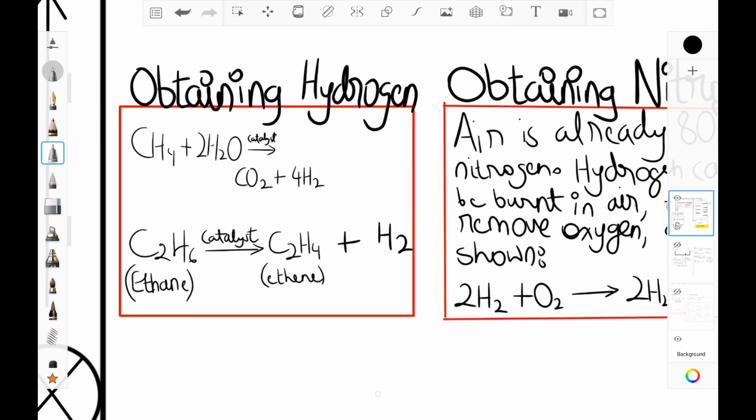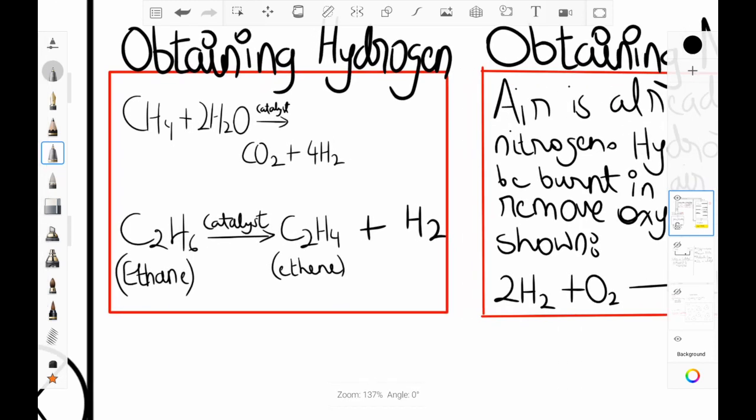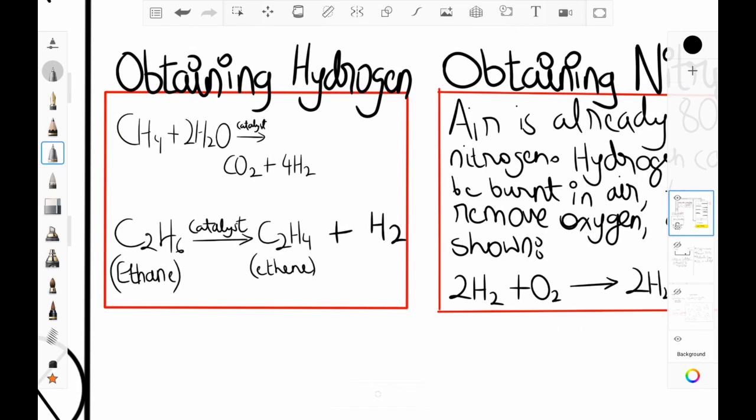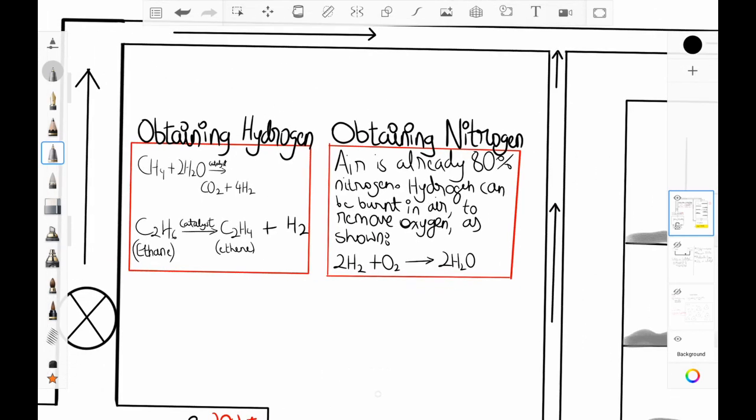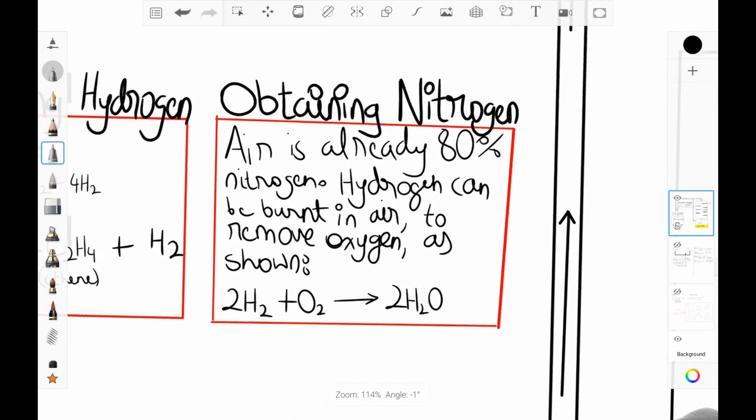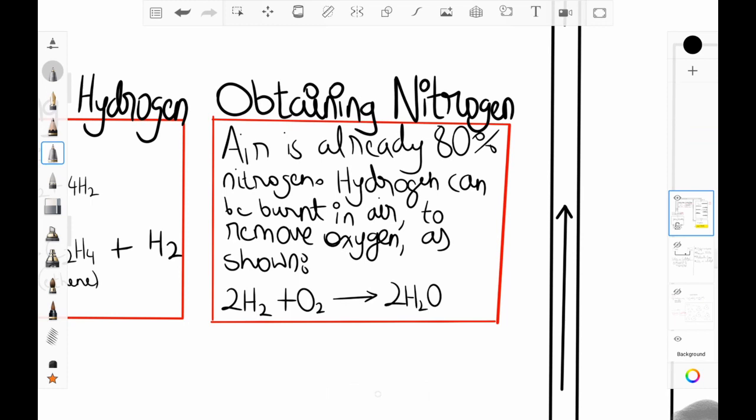Or you can also obtain hydrogen from the cracking of a hydrocarbon, such as ethane. So if you were to crack ethane, you could get ethene and hydrogen gas, and you use the latter.